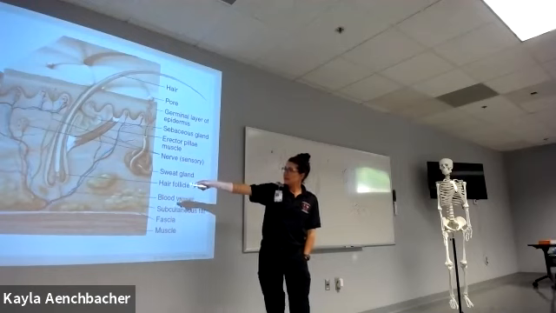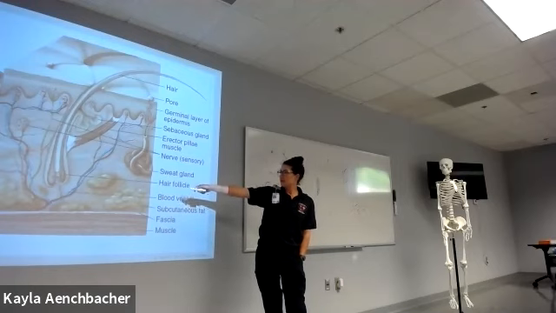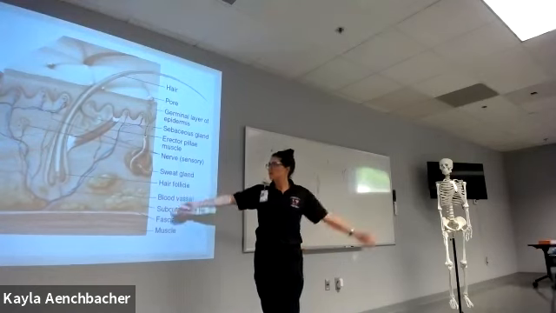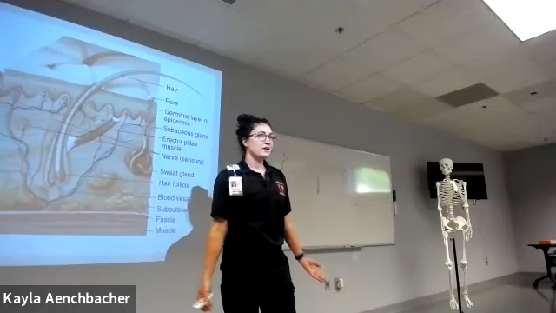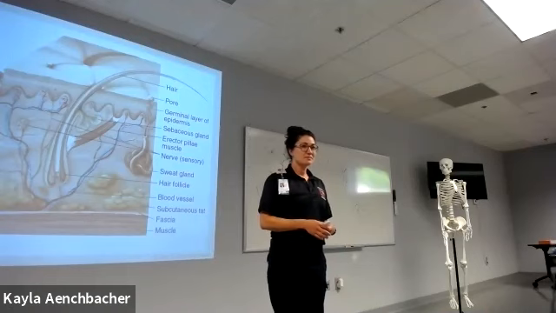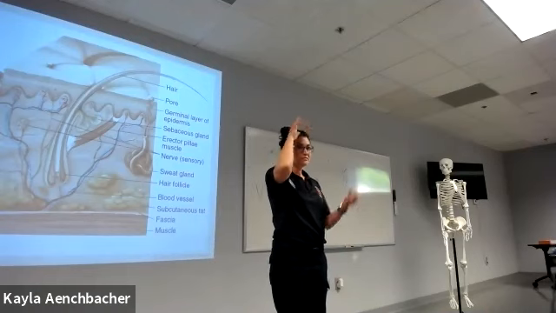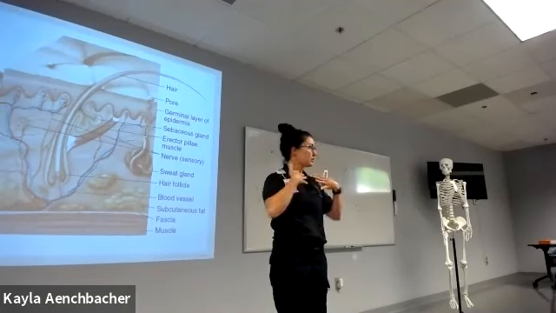In that deeper layer, you notice we have our hair follicles, we have these sweat glands, because why do we sweat? Thermoregulation. If we get too hot, we have this moist substance cover our skin.